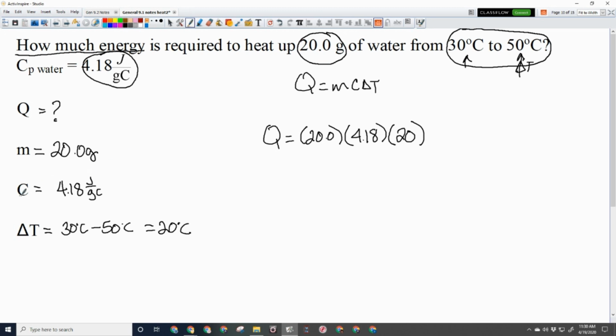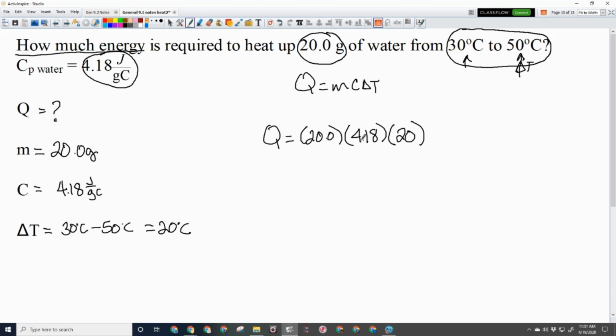Your specific heat, joules per grams degrees Celsius: joules, grams, Celsius. So grams, that matches. Celsius, that matches. So we're going to end up with joules as our answer. And 20 degrees Celsius needs to be in Celsius to match the specific heat that has Celsius. So all of our units match each other, and so we can plug these in now and get our answer.